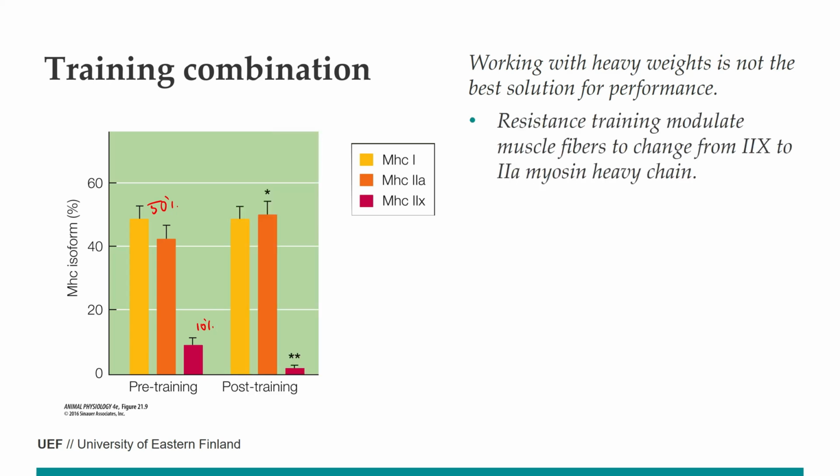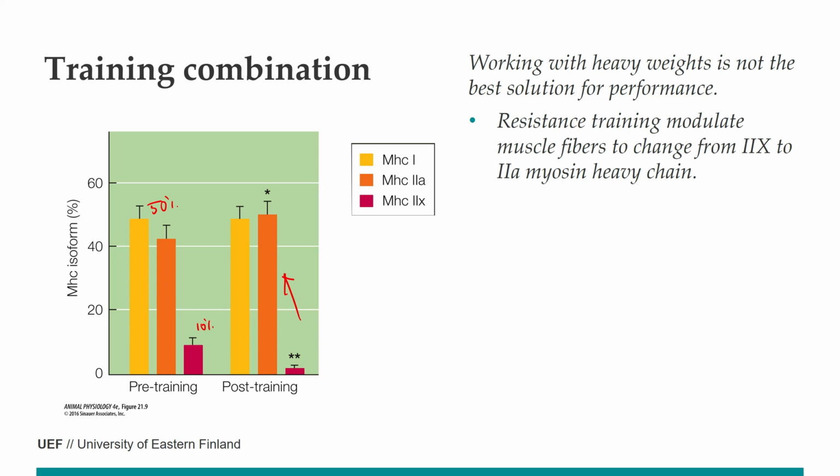So resistance training will modulate from fast glycolytic to oxidative glycolytic cells, and so a slightly different myosin heavy chain.